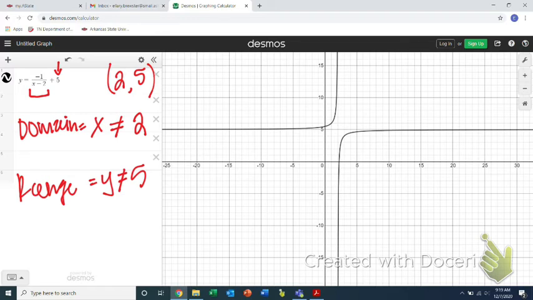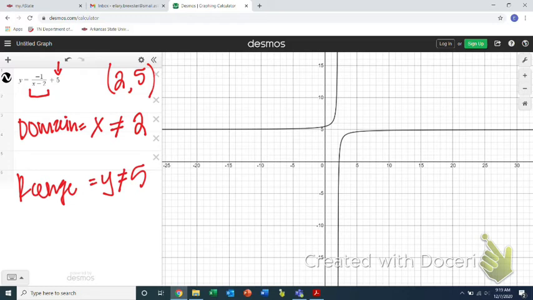If you click on your graph, you'll see your x and y intercept. Have I done the same thing here? Yep, I've done the same thing on this one. Number 11, I've got them swapped.